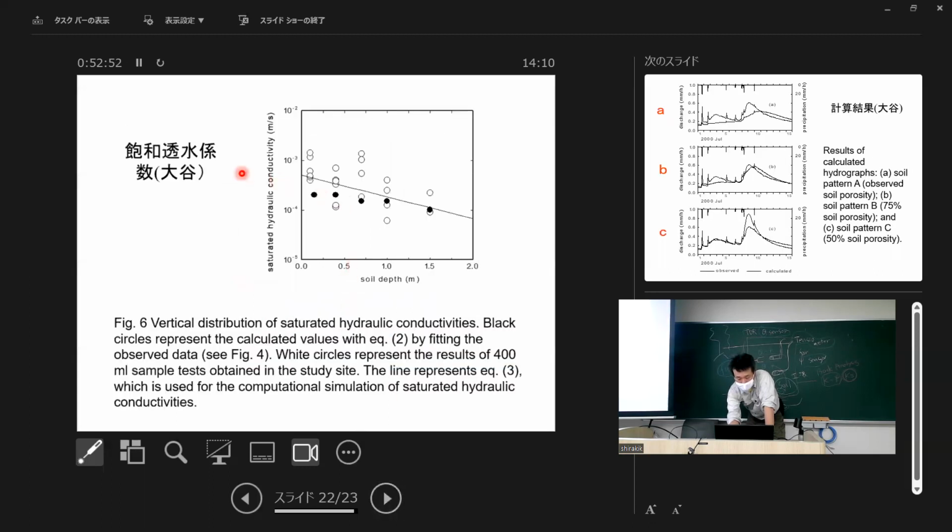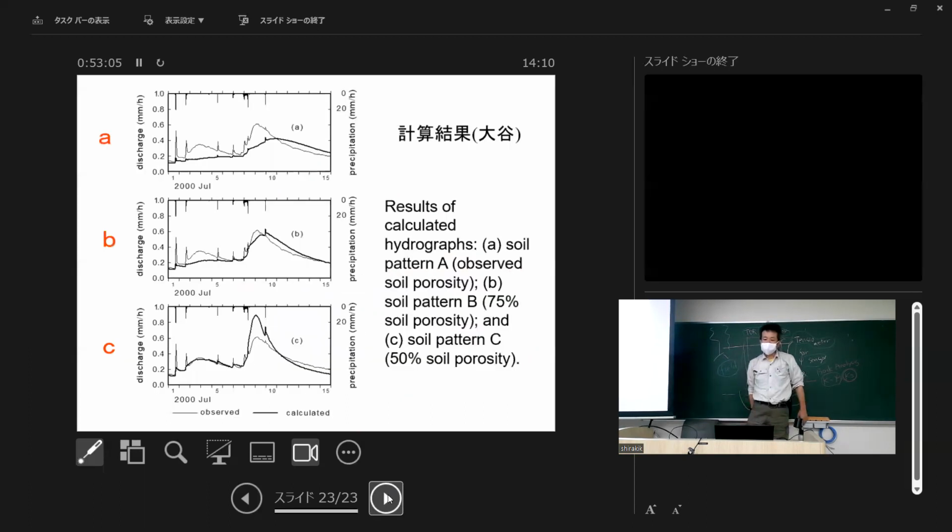The saturated hydraulic conductivity, Ks, also tends to decrease with depth. And this is the last slide for today.